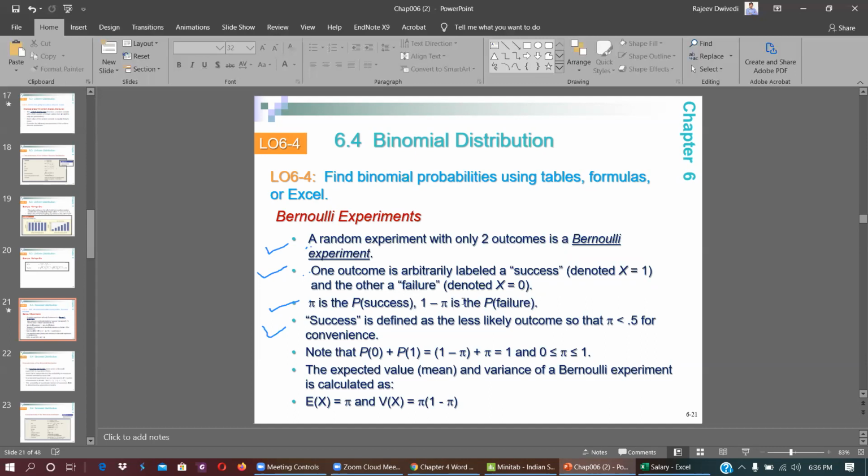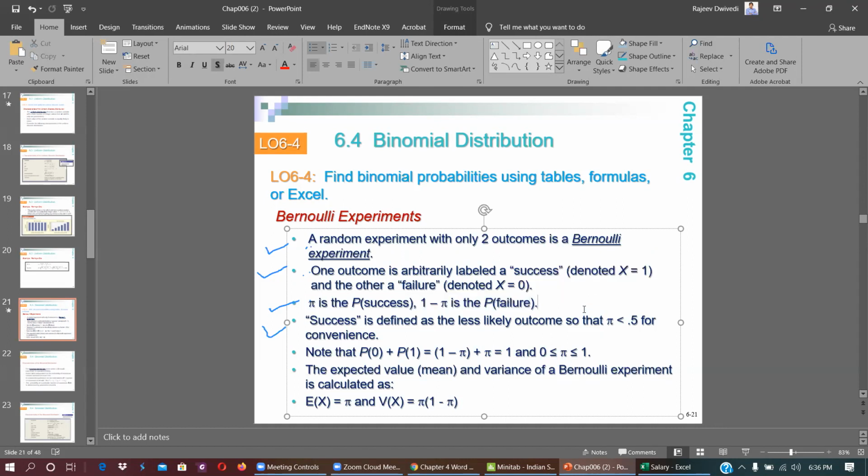So a random experiment with only two outcomes is a binomial or Bernoulli experiment. The total is 1. Success is denoted by 1 and failure is denoted by 0. If pi is the probability of pass, then 1 minus pi is fail.